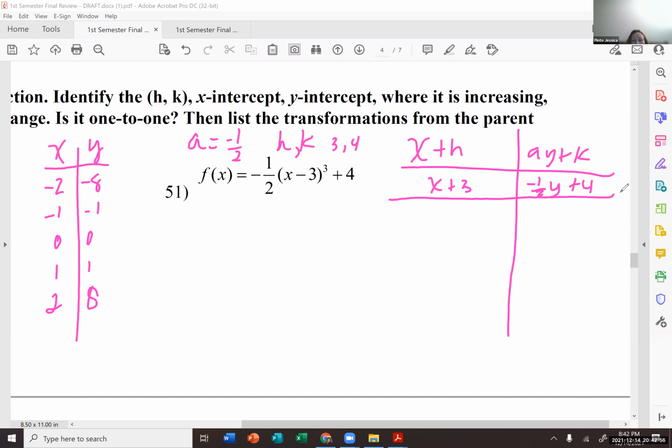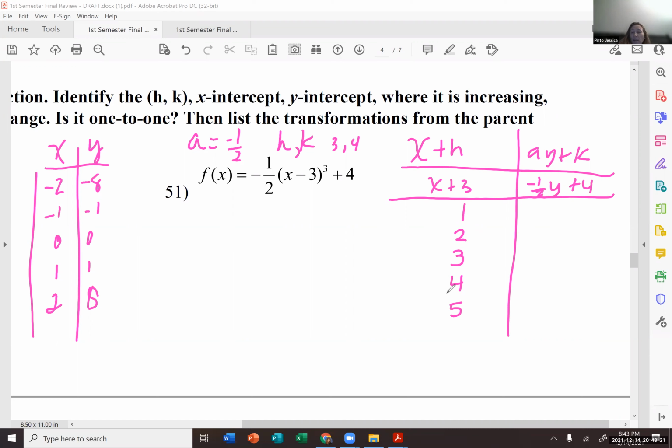So I take these x values here and I add 3 to them. So -2 plus 3 is 1, -1 plus 3 is 2, 0 plus 3, 1 plus 3, 2 plus 3. And then I take the y values and I do the same thing, except it's -1/2 y plus 4.